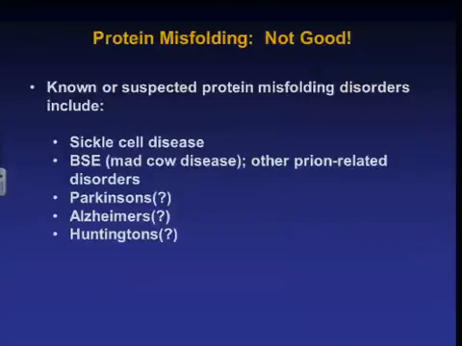All right, protein misfolding. It's not a good thing. We will see in sickle cell how we have abnormal folding of a protein, but there are a lot of diseases that have either been shown, or the evidence is pretty strong, that the basis for the disease is protein misfolding, all right?